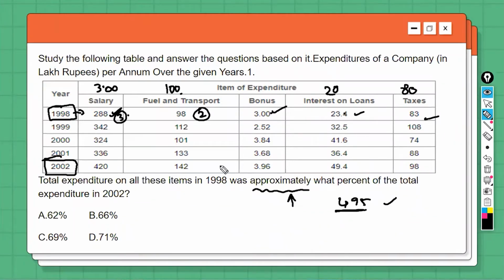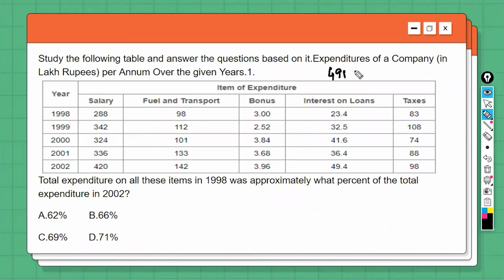This technique you have to learn slowly. But as of now, you can add manually and write it as 495 or 96 or 97. The exact value will be something else. So 495 is what percentage of 710? The answer options are around 60 to 70 percent. I'm going to directly find what is 70 percent of 710.